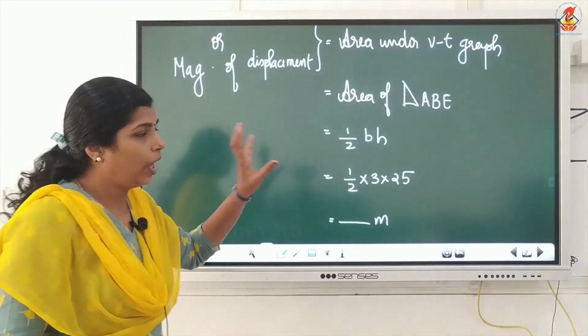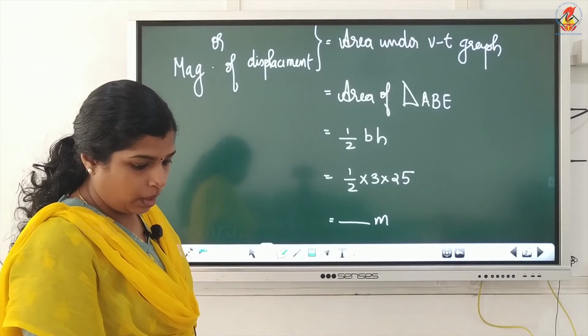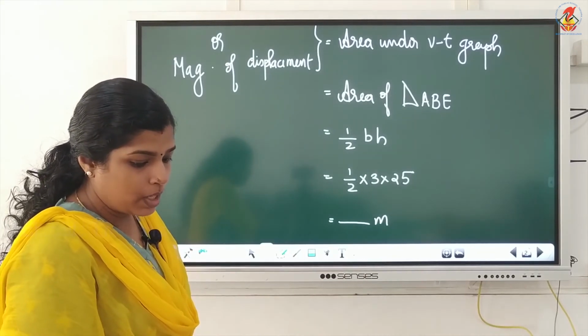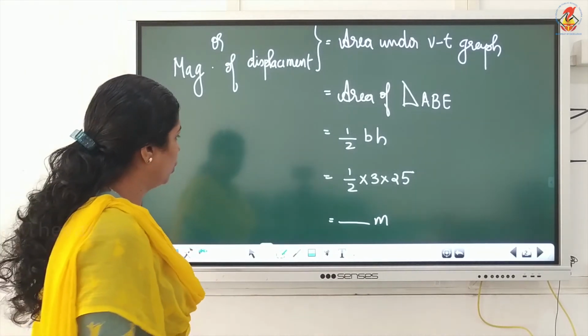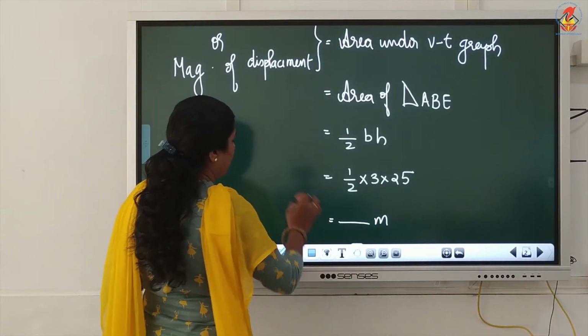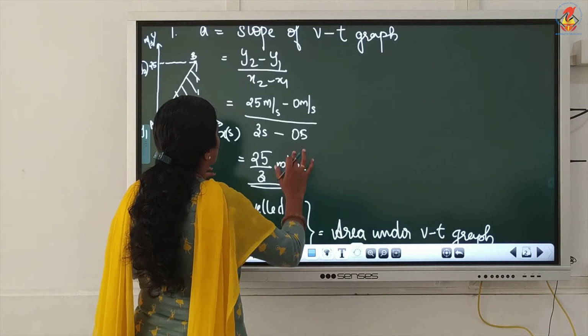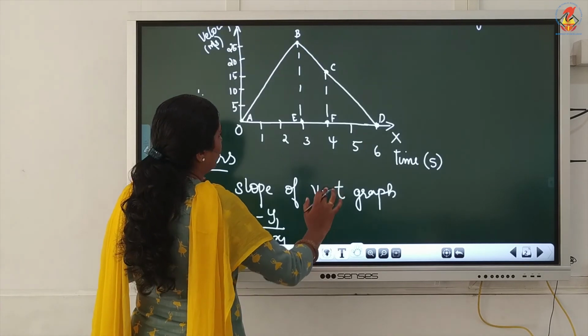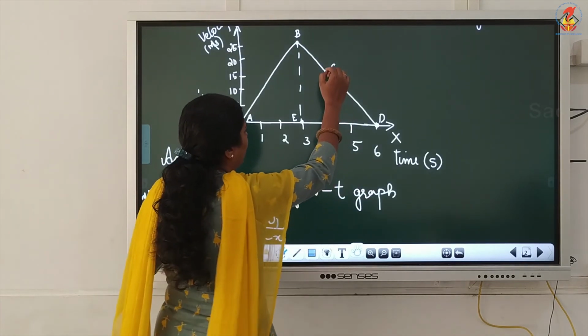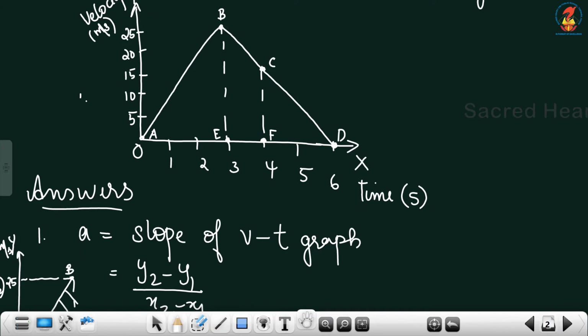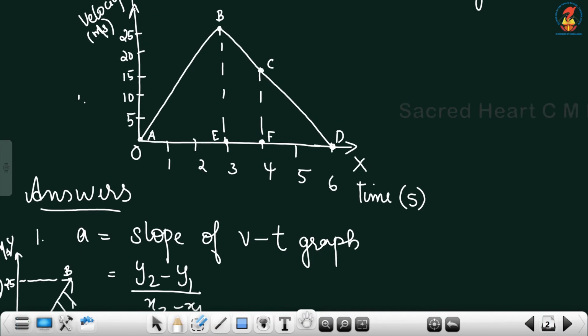Okay. Now, what is the average velocity from C to D? That is from this portion to this portion. Okay, that is the average velocity.